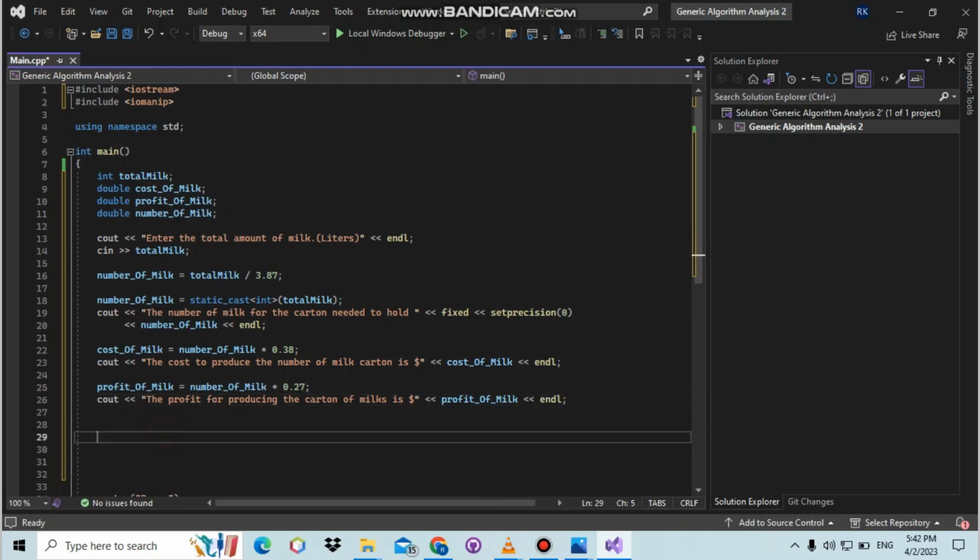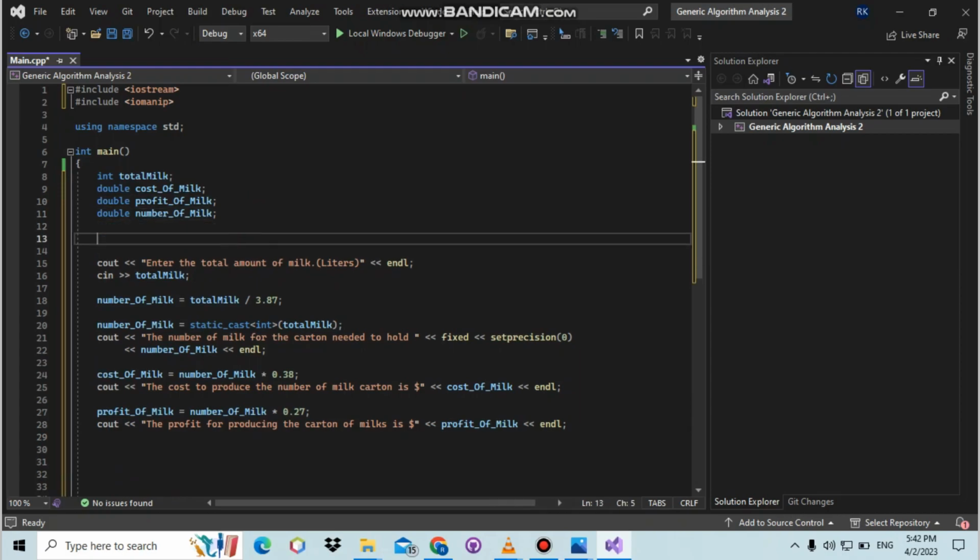Awesome. So after this, guys, we are calculating the cost here and also the profit here. After this we want to see the profit value. You can say here int total profit.